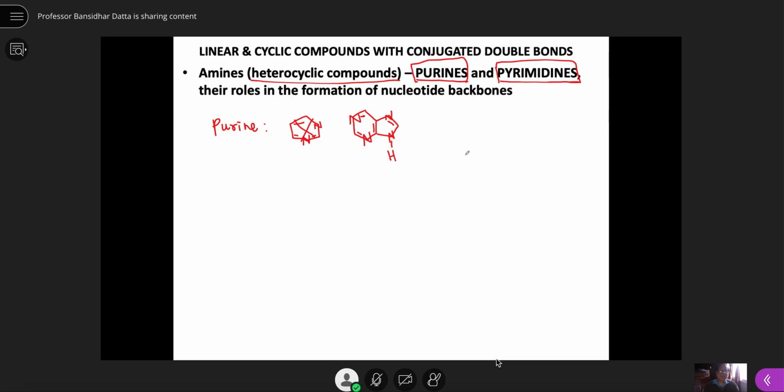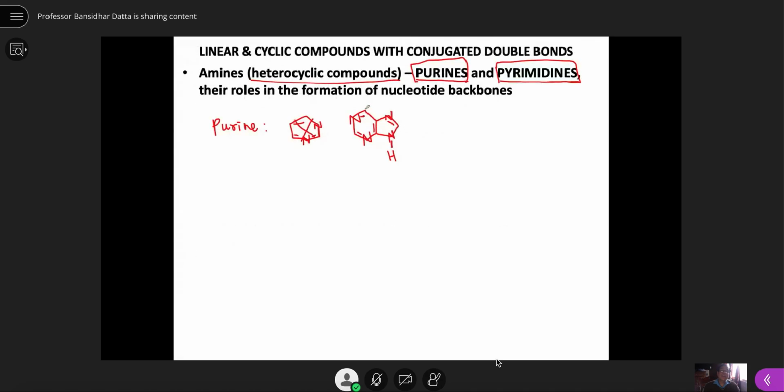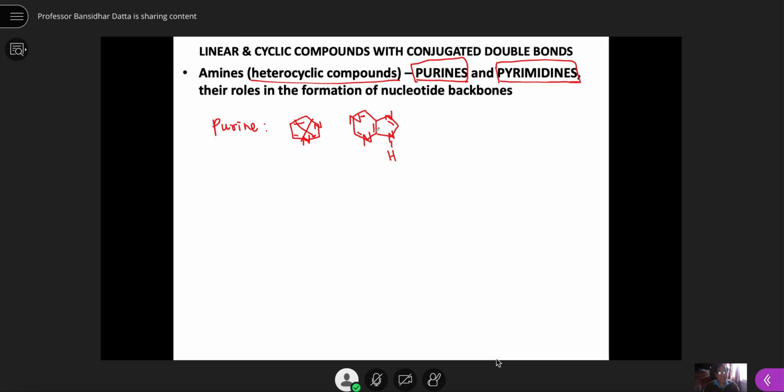So this is called the purine family. Why is it called heterocyclic? Because it has hetero atoms: carbon, hydrogen, nitrogen. That's called a heterocyclic compound. There are many derivatives of the purine family, and I'll show you some very soon.